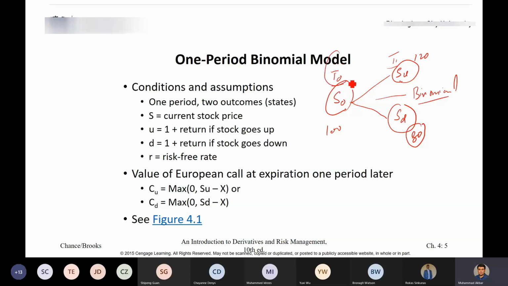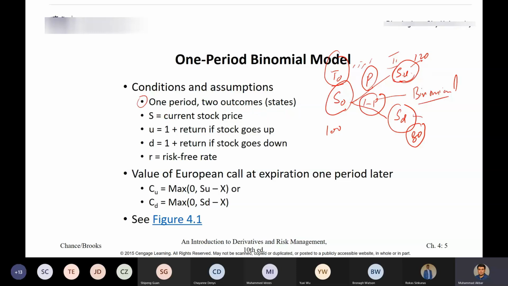We are living in a one period world where, whatever is happening, the ultimate effect is that at the end of the day we are interested in whether the price will go up or go down. The stock price can go up and the stock price can go down. Therefore, we are interested in knowing the probability of the stock price going up and the probability that it will go down. This is what we mean by one period, two outcome, or two state possibility.